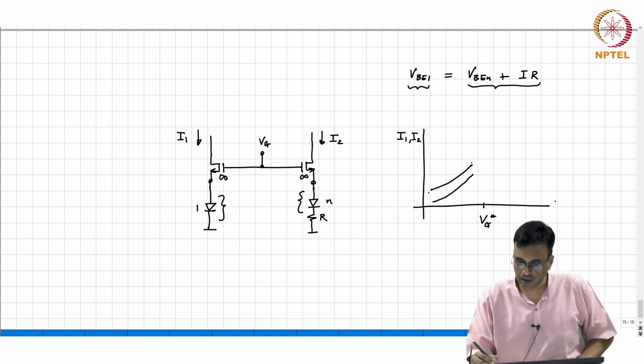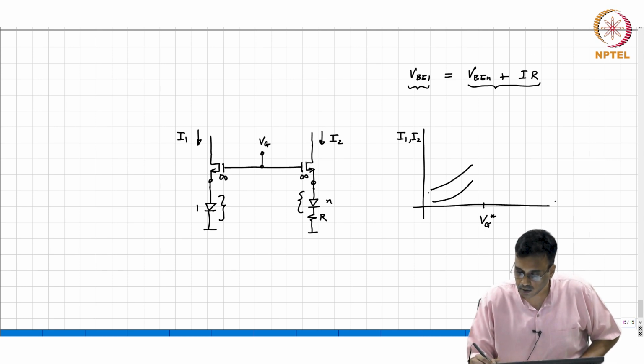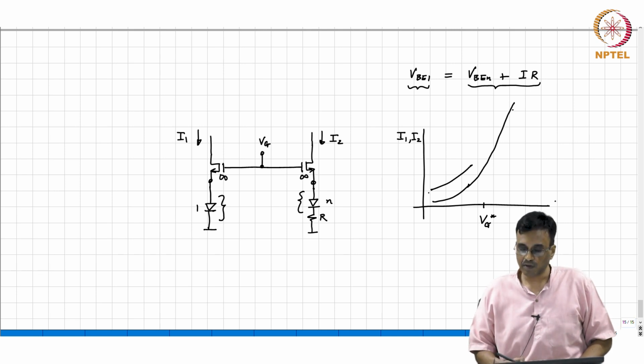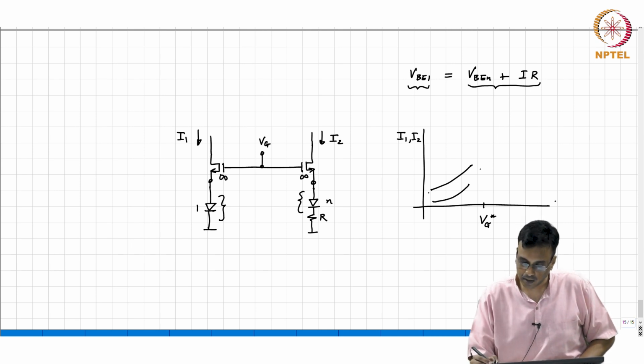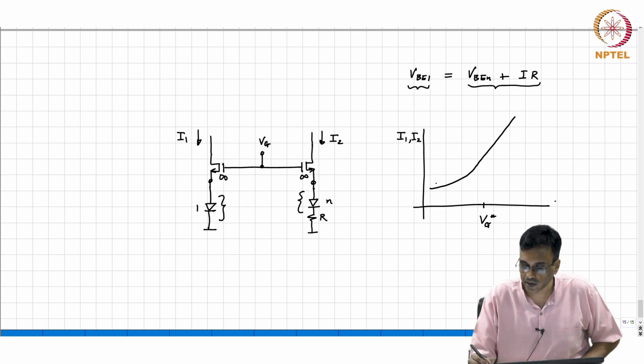So eventually, what was going exponentially will only go linearly. I think I am a bad artist, but I2 must basically do this and eventually go only linearly.